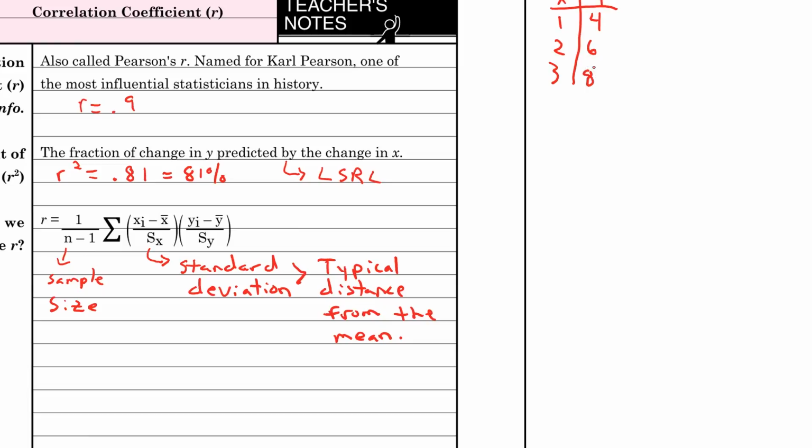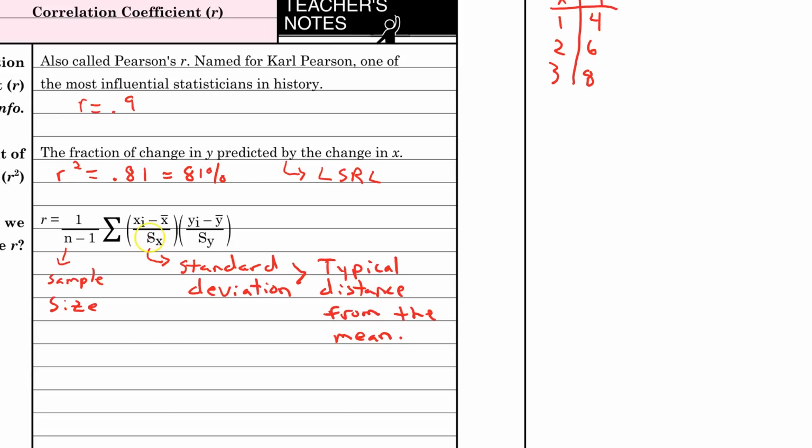Hopefully you see this is linear. As the x increases by 1, y increases by 2. If we graph these, it would be a perfectly straight relationship. Thus, R will be 1. I will show using the formula how we will arrive at that.